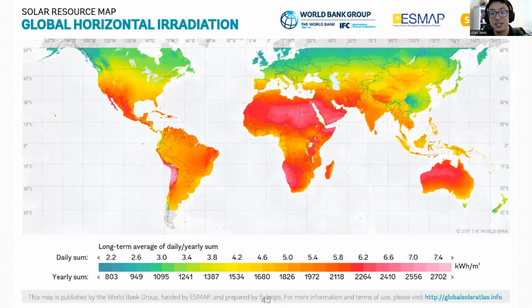It gives both a daily sum and yearly sum of essentially the energy density of the solar irradiation in different areas around the world. So unfortunately for Europe, it might be a lot less economic to build solar, even though they are doing it in many places, compared to, let's say, the global south.